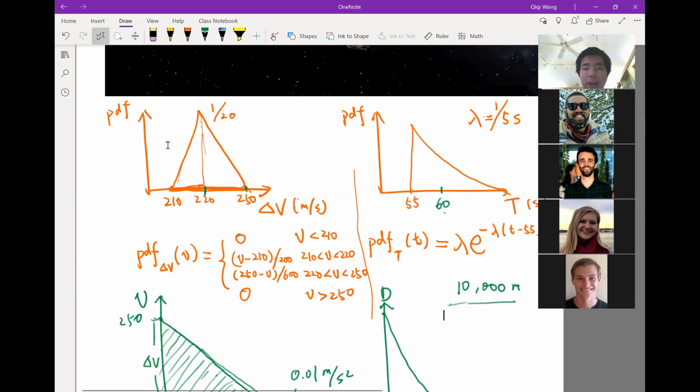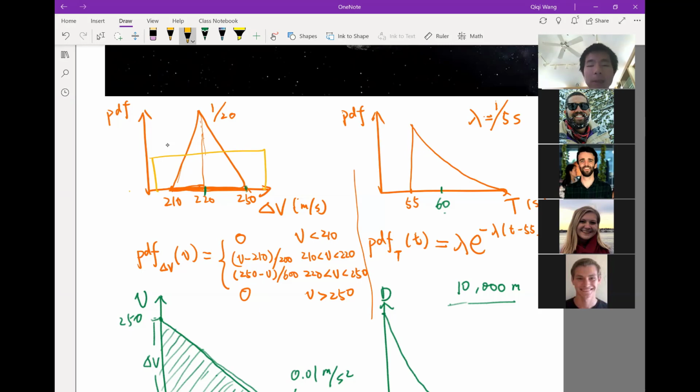Well, if you use the requirement that we have to cover this triangular distribution, then it doesn't really matter. As long as I have a uniform distribution that starts below 210 and ends beyond 250, it's going to work, right?